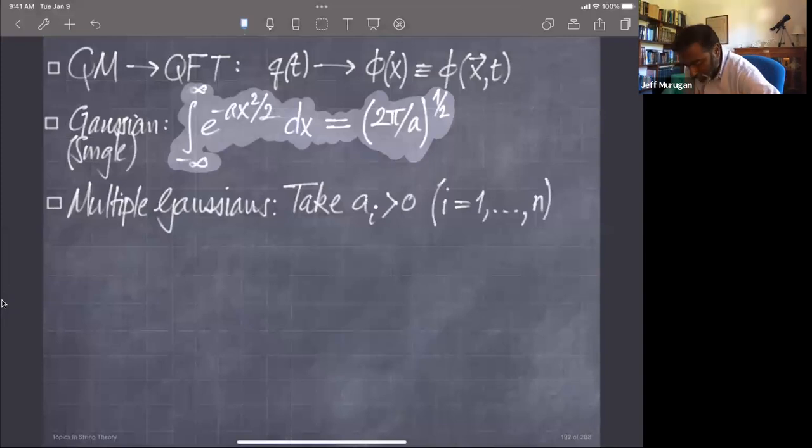Okay, so the integral that we want to consider here is an integral from minus infinity to infinity all the way through to the nth such integral.